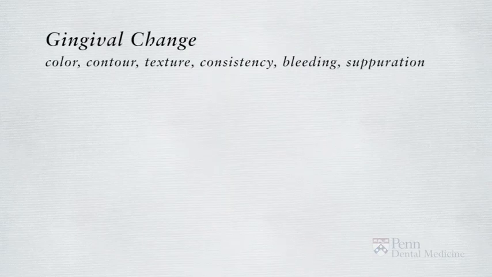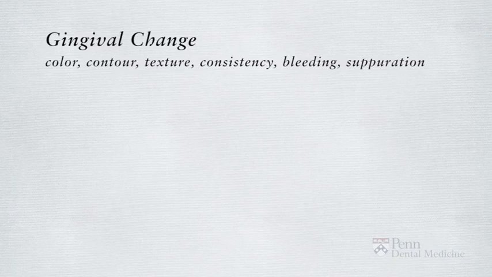What are the changes then during periodontitis? First of all, in gingiva, there is a change in color, contour, texture, and consistency. The gingiva becomes more reddened and swollen, the texture varies from stippled to more shiny and edematous, and consistency is boggy and edematous.